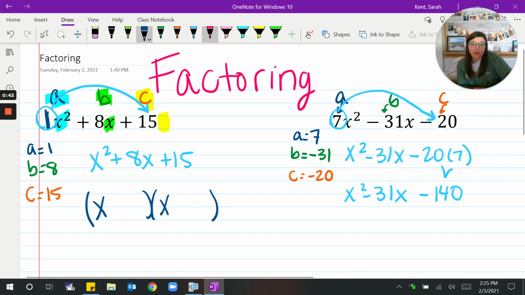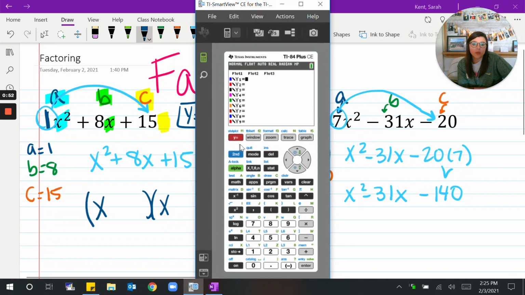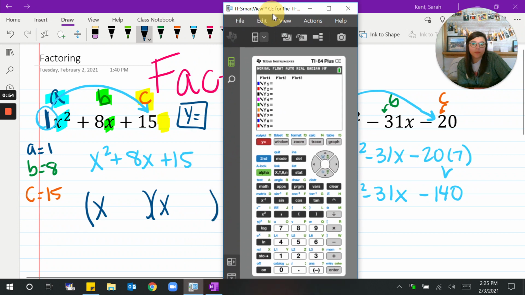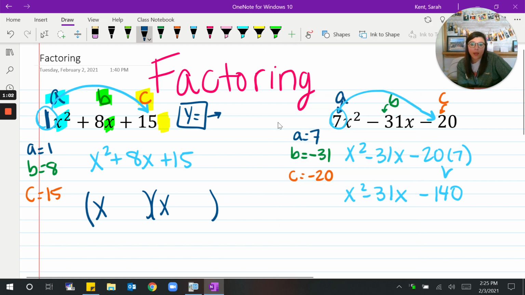On our calculator, we're going to use the y equals button. So if I open up my calculator, I want to use y equals, and then we're going to use y1 and y2. In y1, I want to put whatever this new last number is.